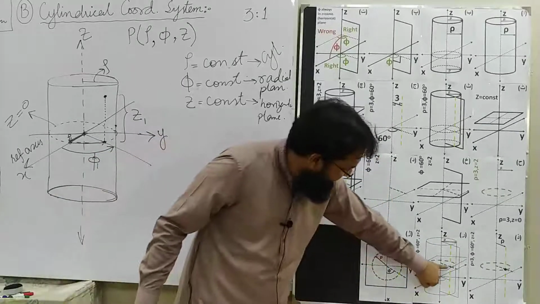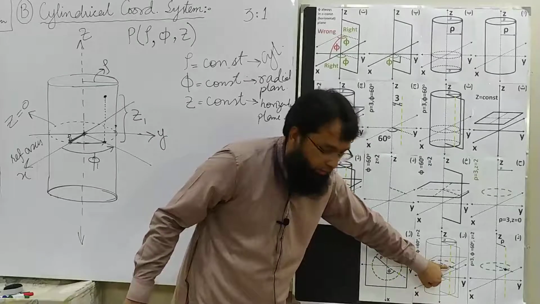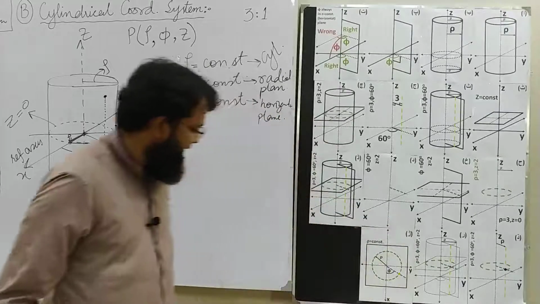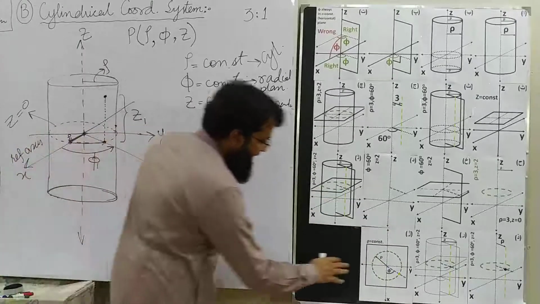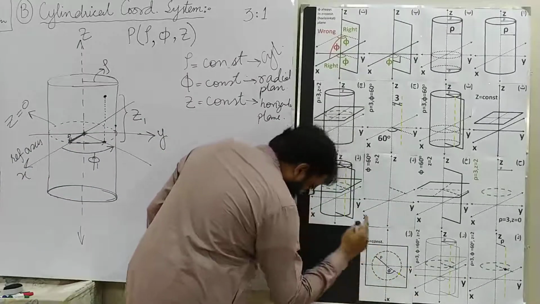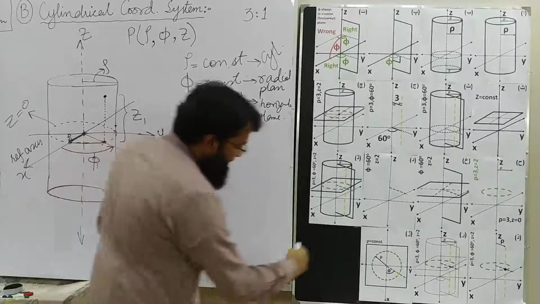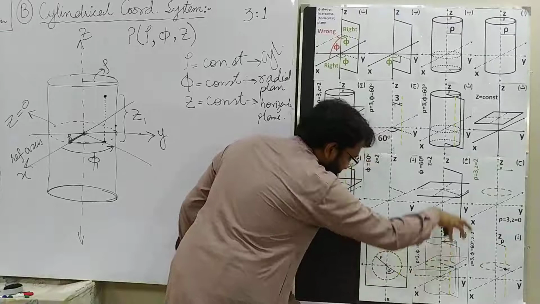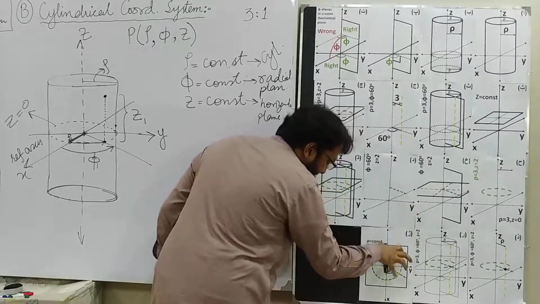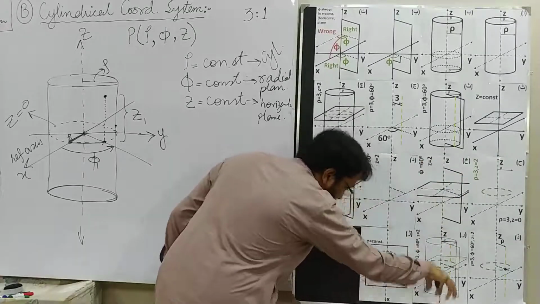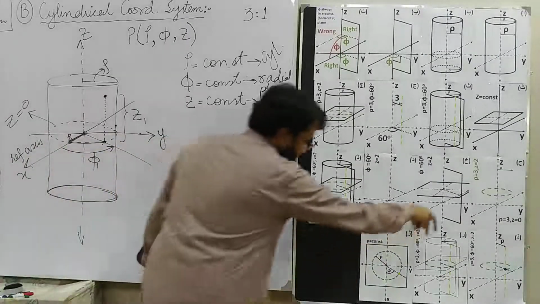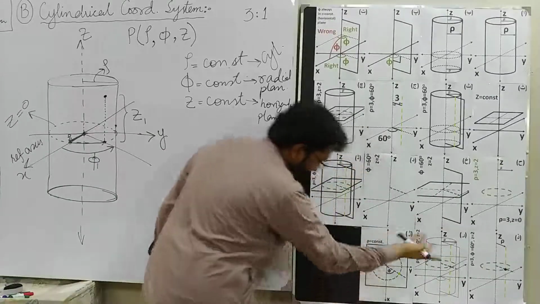And again, this is the point which you can see over here, formed by the intersection of these three fundamental surfaces. In this figure, I'm showing you the top view of the previous figure.